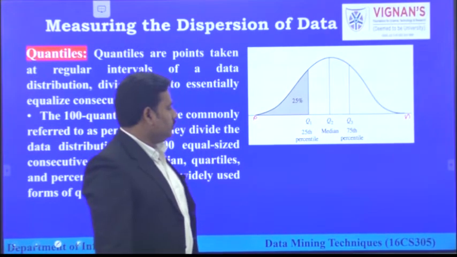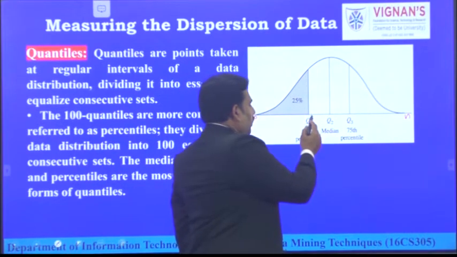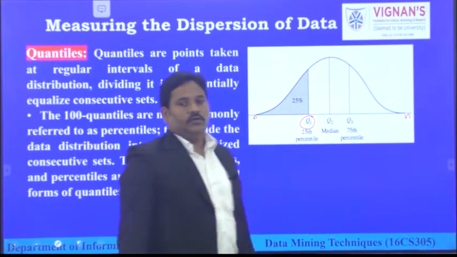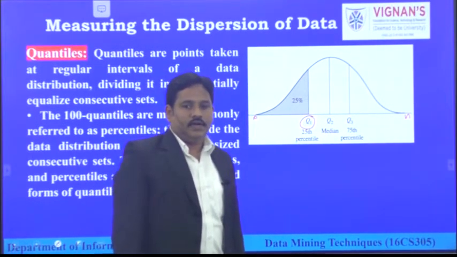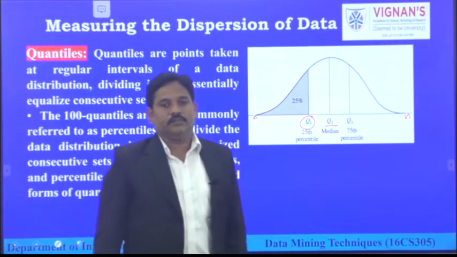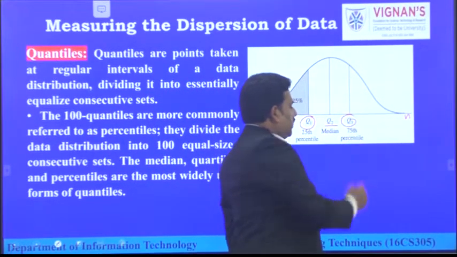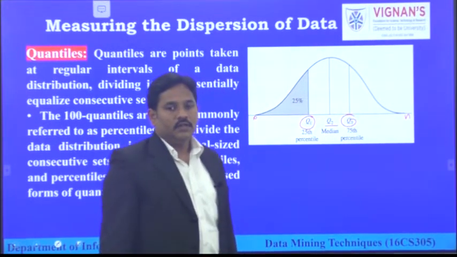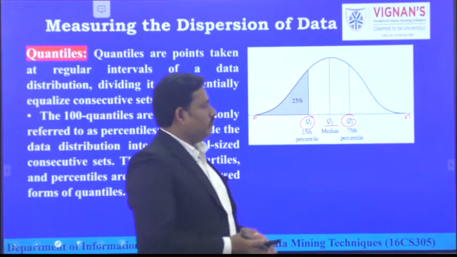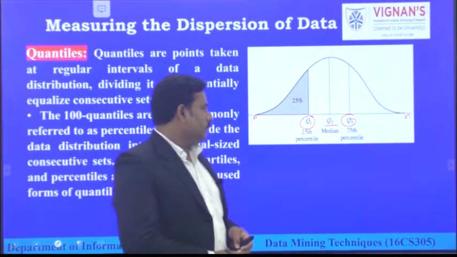Under this distribution, at regular intervals, we take Q1, which indicates the 25th percentile of the data, Q2, which indicates the median, or you can take it as the 50th percentile, and Q3, which we call the 75th percentile of the data. That means at regular intervals we want to see the distribution of the data.